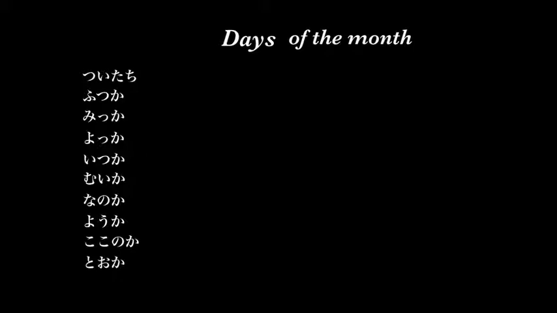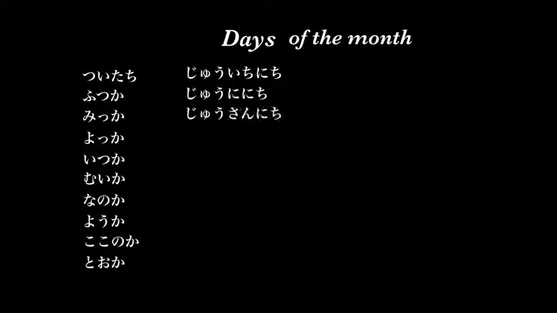After that, there's just 3 or 4 that are tricky, but we just use the number and add nichi for the teens. For example, 11 nichi, the 11th day of the month. 12 nichi, the 12th. 13 nichi, the 13th. Then we have the 14th, which we use the yokka.